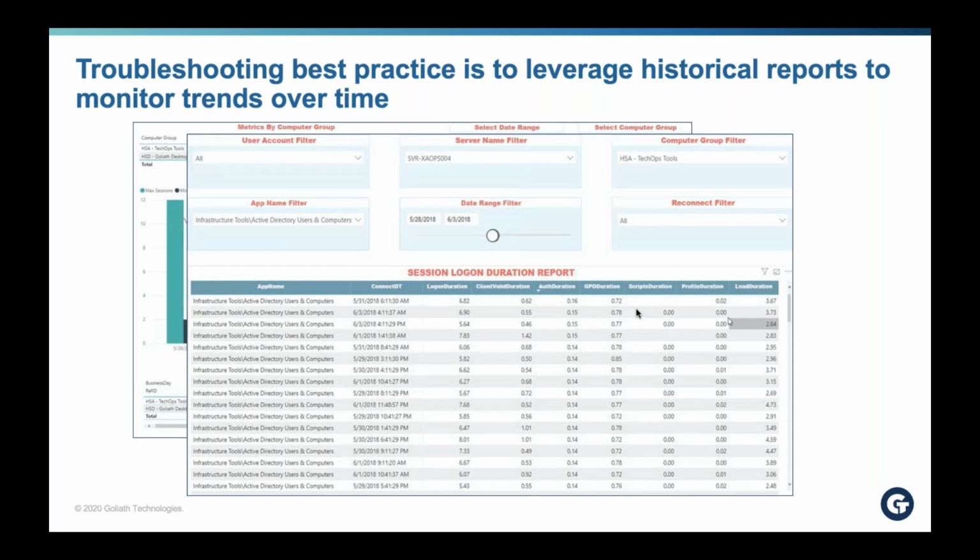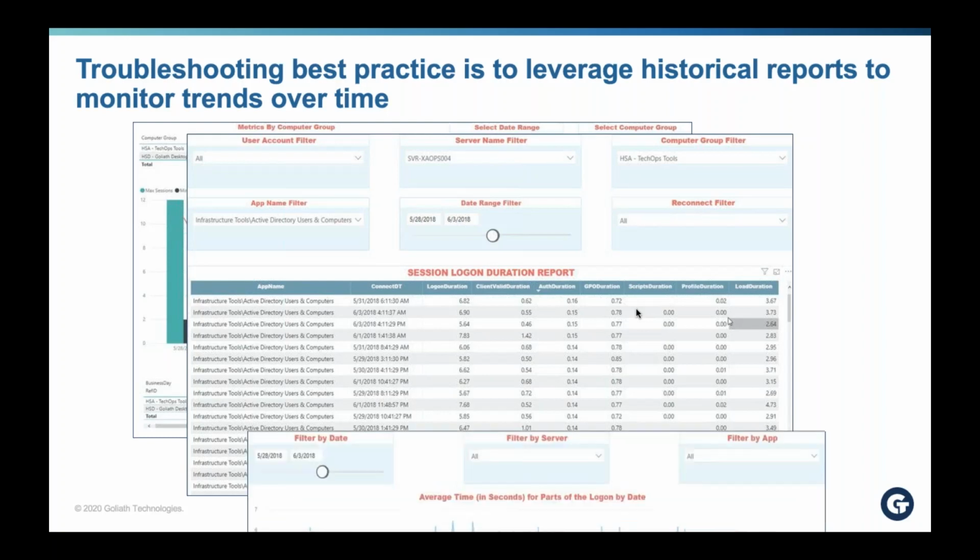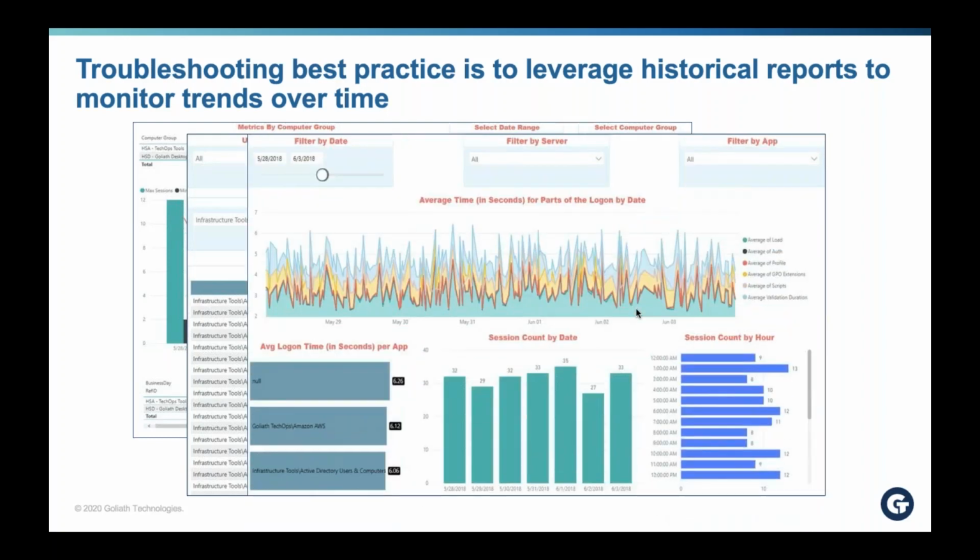Here's one that's very text heavy, showing you the logon duration by stage for all of the users across the environment. But here's one that's very graphically intensive, and it shows you by stage, pulling up together each stage, so your group policies or your brokering and client validation. This is heavily used by management to understand how the environment is working, especially within healthcare.